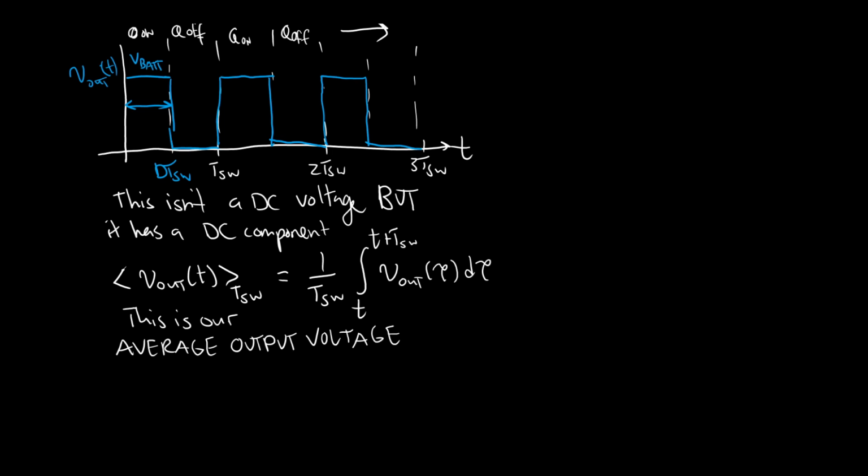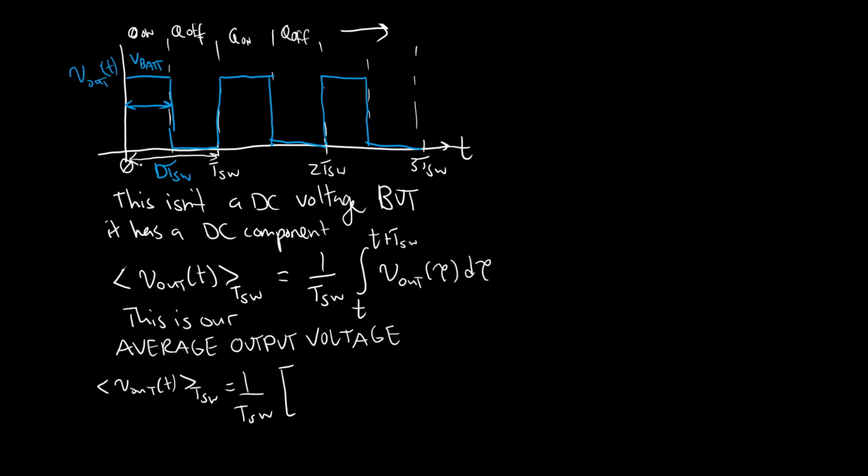So let's do it for this particular example. V out of t averaged over one switching period is equal to 1 over Ts times our integral. This integral, I'm going to start integrating from time t equals 0 to, this is the time period I'm integrating over.